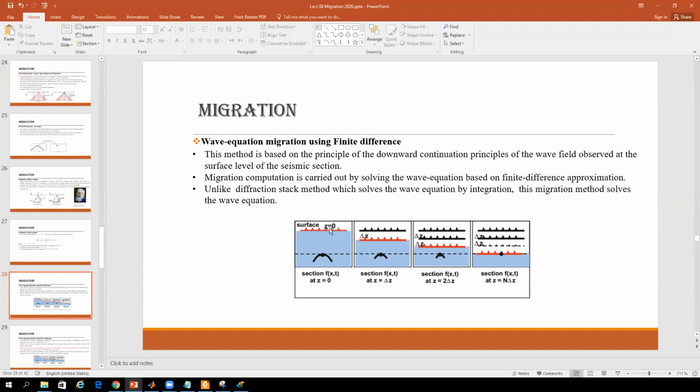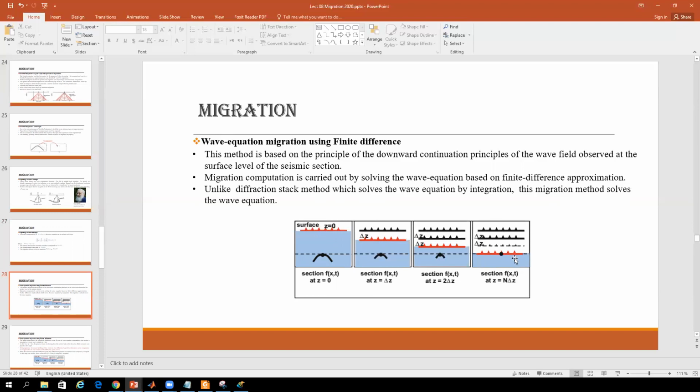So if we can find a solution of the wave equation at different depths, we already have one at z equal to 0, we find the iterative solution at delta z, and then we increase the depth until we go to the target.